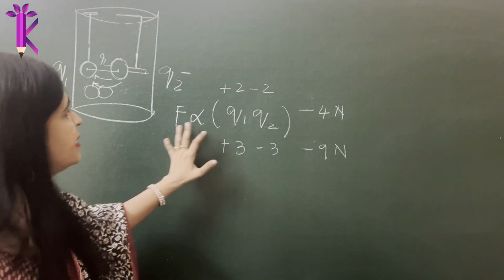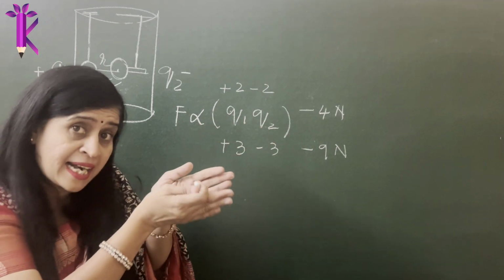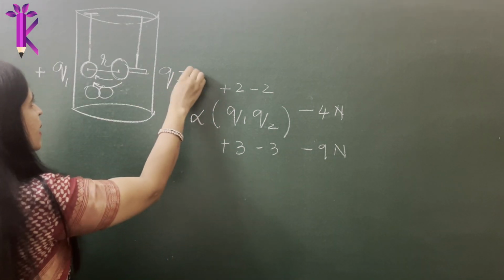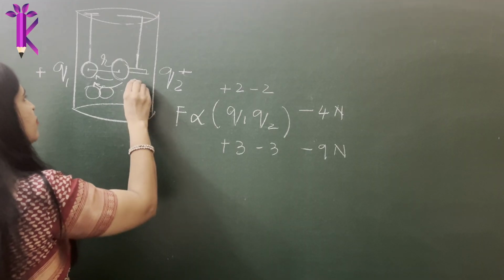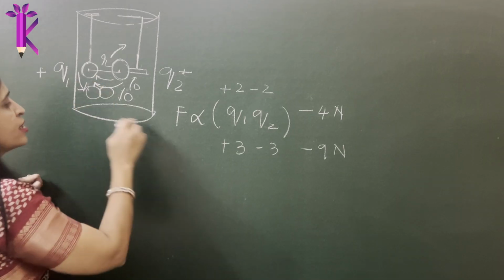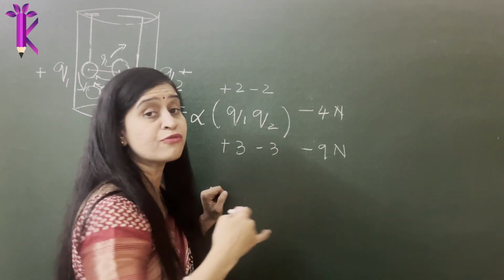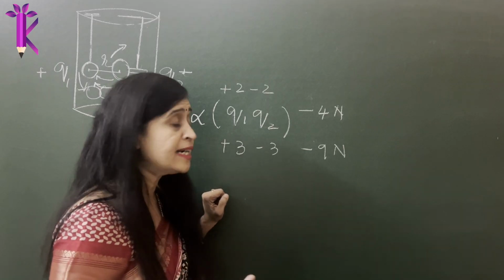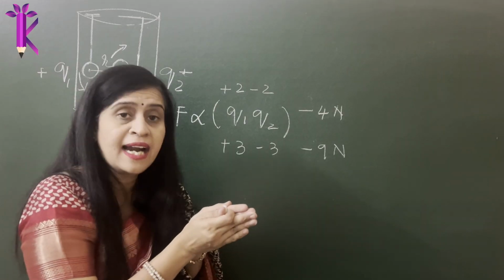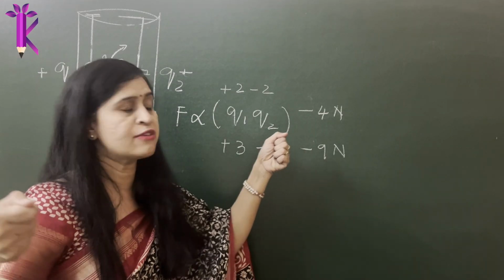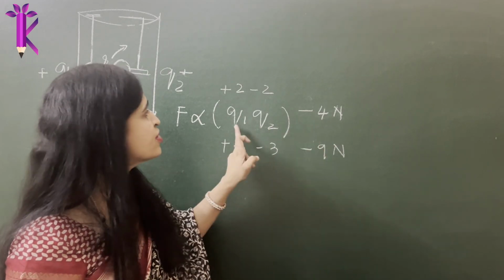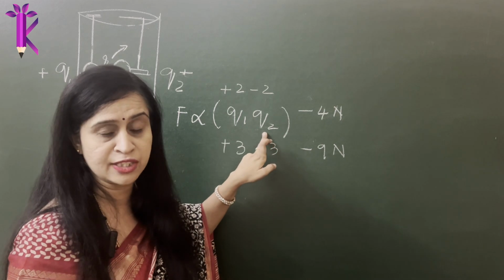So he saw that the force with which they attracted each other or repelled each other, suppose this was plus and this was also plus, with which either of them moved away from each other, was directly proportional to the product of the magnitude of the charges.